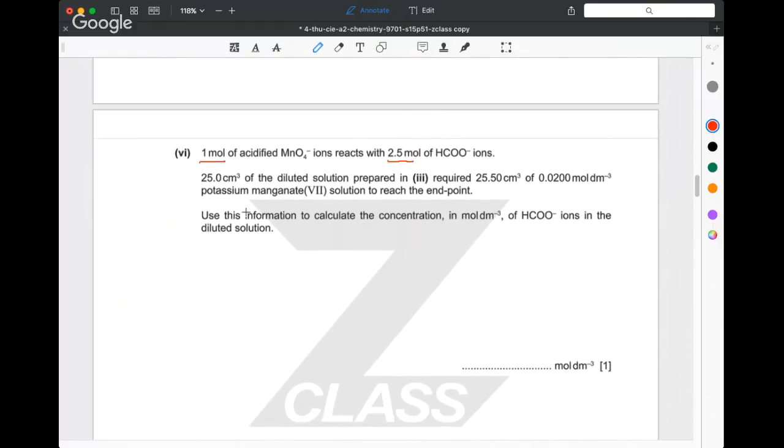So we've got a stoichiometry of manganate 7 to the methanoate of 1 to 2.5. And we've got to use this information to calculate the concentration of this, because if you remember, that was approximate. We're now trying to work out an accurate concentration of the methanoate ions.